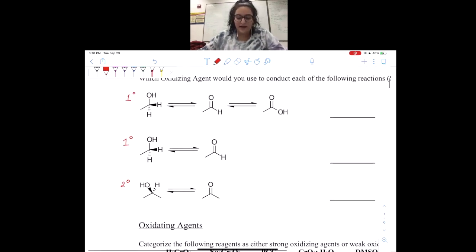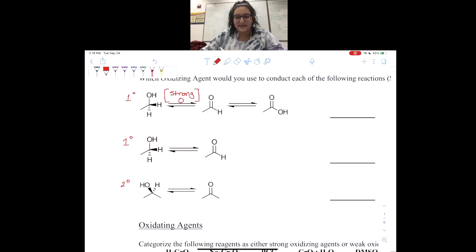As we see in this first reaction, the alcohol will be changed into an aldehyde and then into a carboxylic acid. So in order to undergo both of these steps, we need a strong oxidizing agent, and we can use any of the ones from the list below.